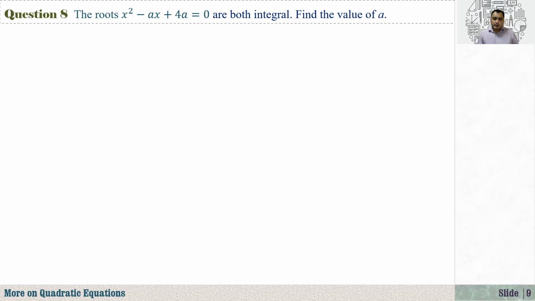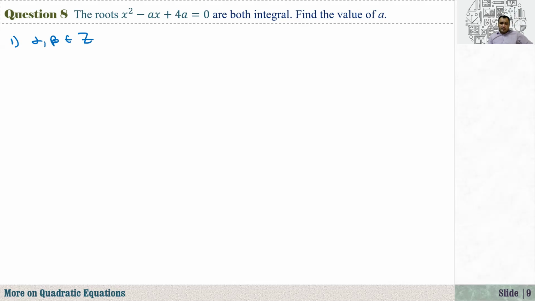Okay. So first observation is, again, alpha and beta are roots of the equation, and alpha and beta are integers. And find the value of a.